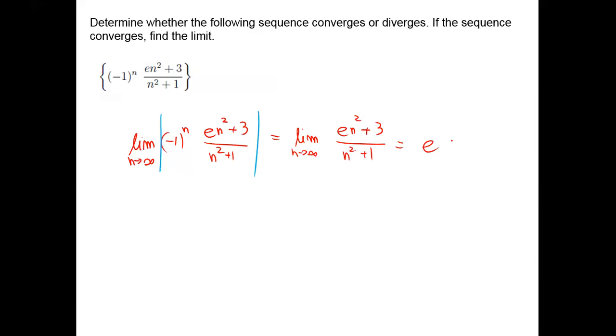The ratio of the leading coefficients is e, different from 0. That means the sequence behaves like positive e, negative e. Of course, that's really informal, but we have to think this way. This means the sequence doesn't go in one direction and doesn't approach one finite number. It is divergent.